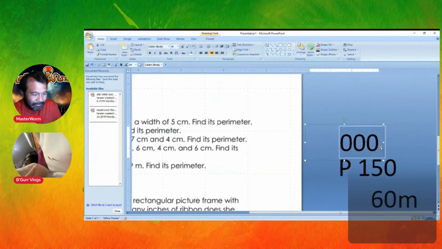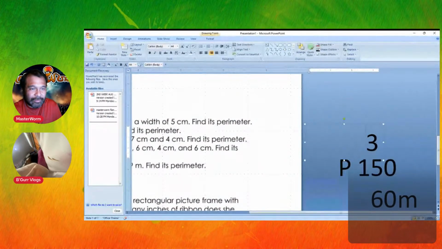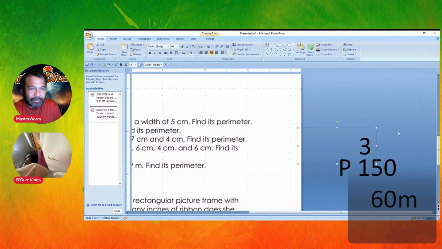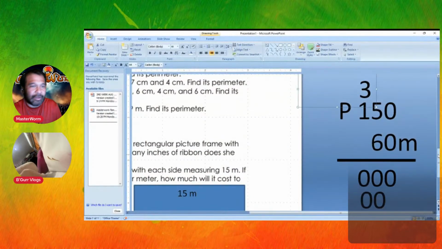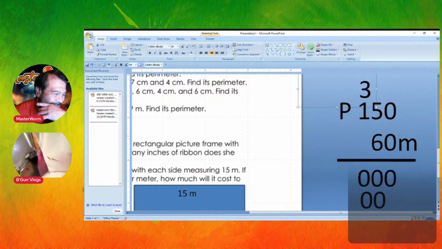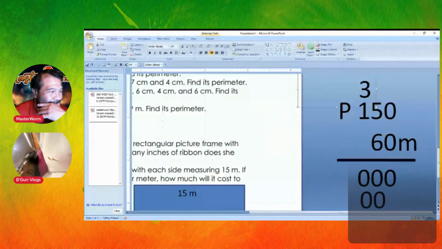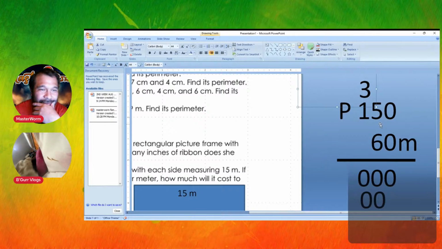Do you remember this or no? I'm sorry, Bigger, but I have to really explain this to you. Here, 5 times 6 is 30. So you put the 0 here.